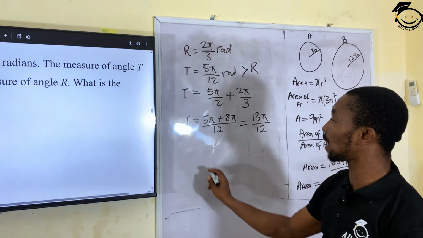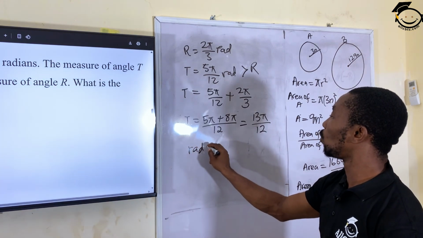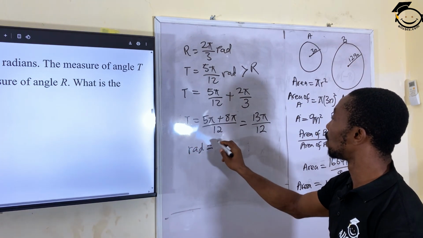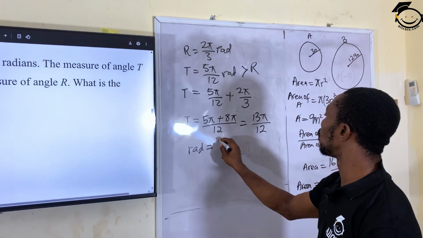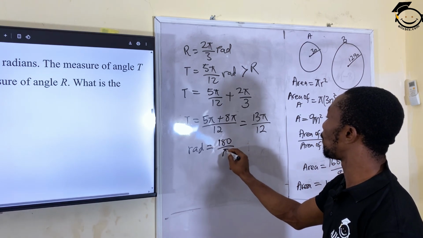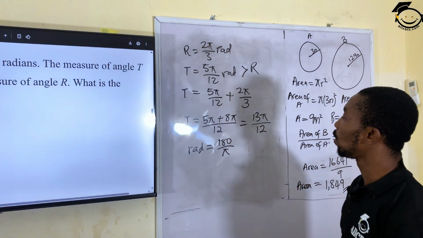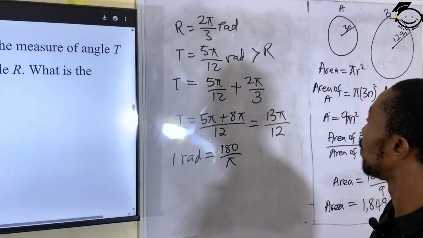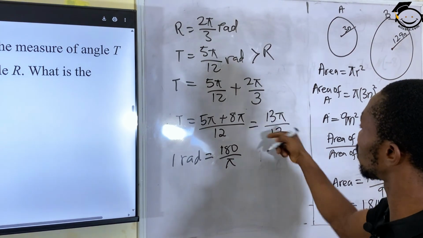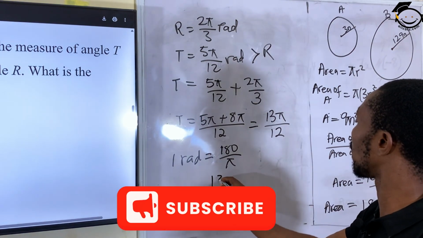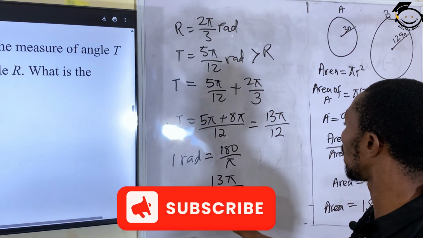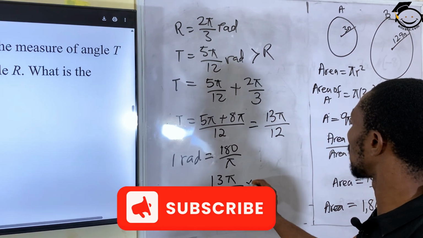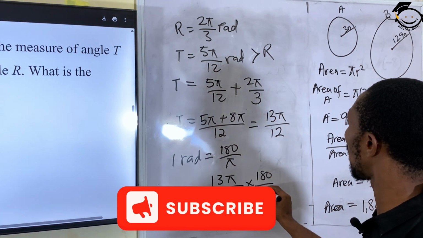Now, we know that 1 radian is 180 over pi. Converting this to degrees, this becomes 13 pi over 12 times 180 over pi.